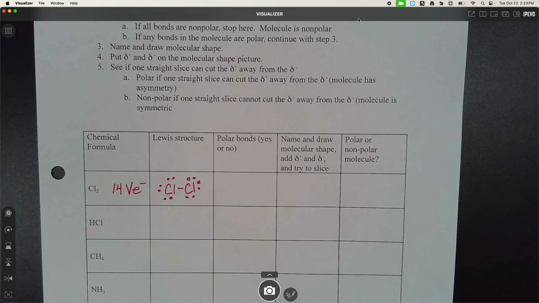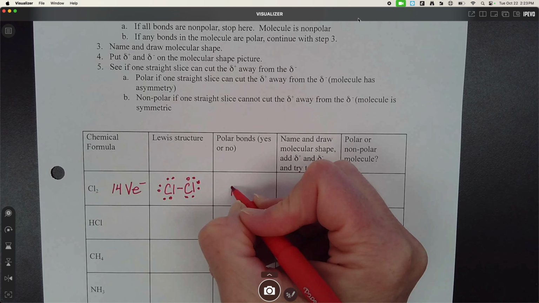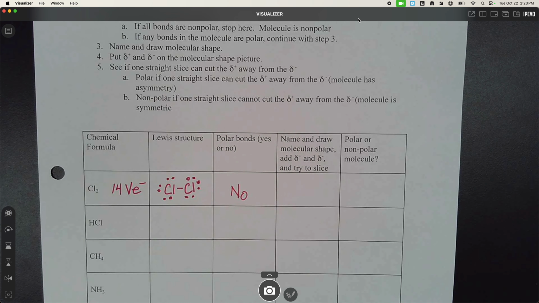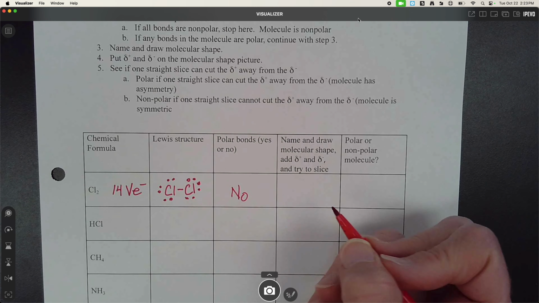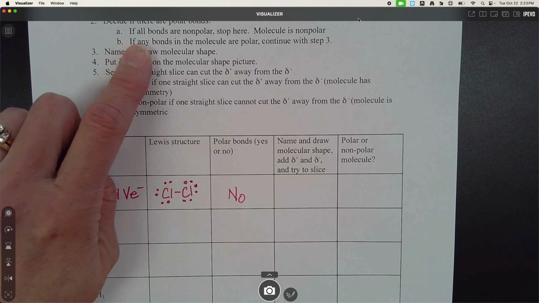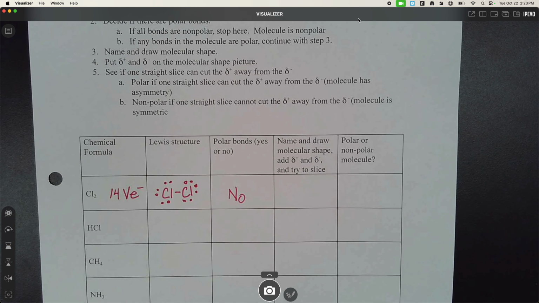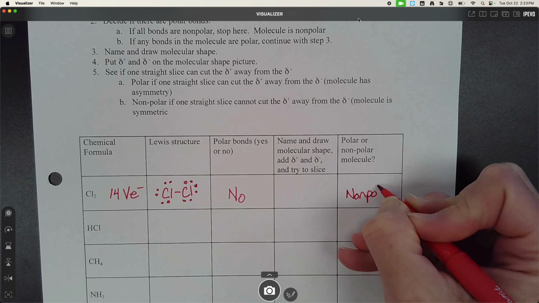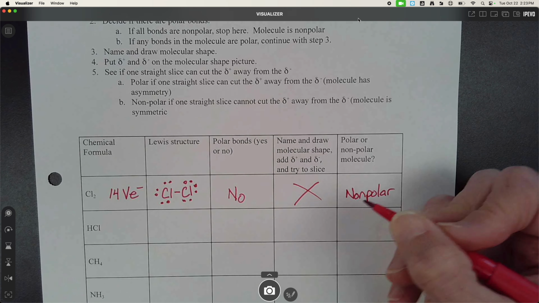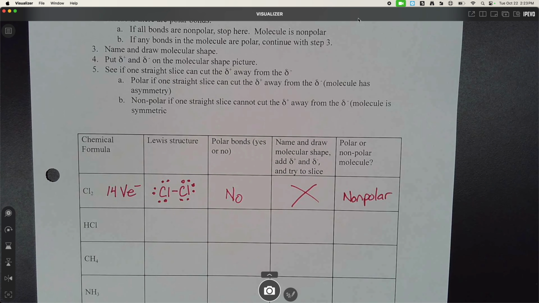So then we need to decide, do we have any polar bonds? No, we don't, because chlorine has the same electronegativity as chlorine, which means that we basically are done. If all the bonds are nonpolar, stop here, molecule is nonpolar. So we don't even need that one.